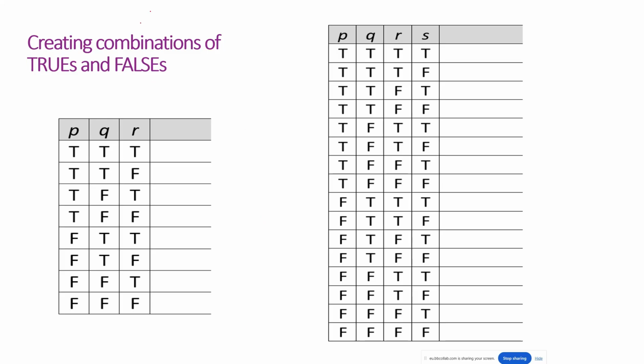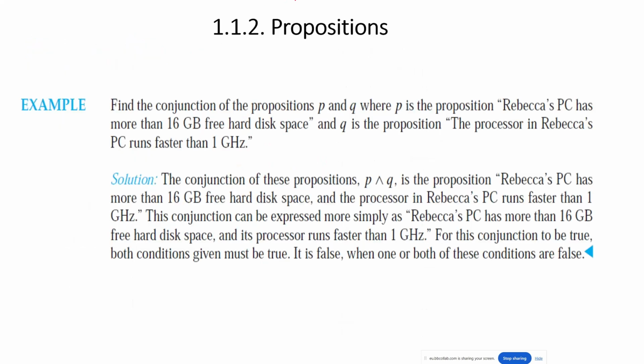So if we have 4 propositions, how many rows do we have? 2 to the power of 4, which is 2 times 2 times 2 times 2, 4 times 4, 16. So you have 16 rows there.